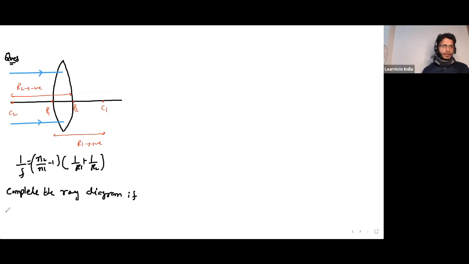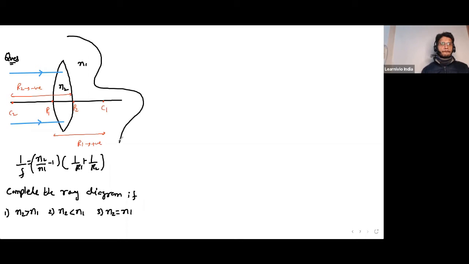See, n2 is the refractive index of the medium of the lens and n1 is the refractive index of the surrounding. Complete the ray diagram if n2 is greater than n1, n2 is less than n1, and n2 is equal to n1. Under all these three conditions, just complete this ray diagram.